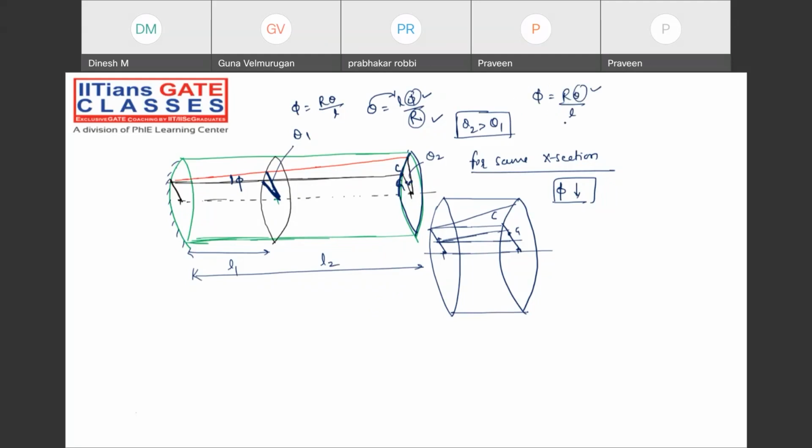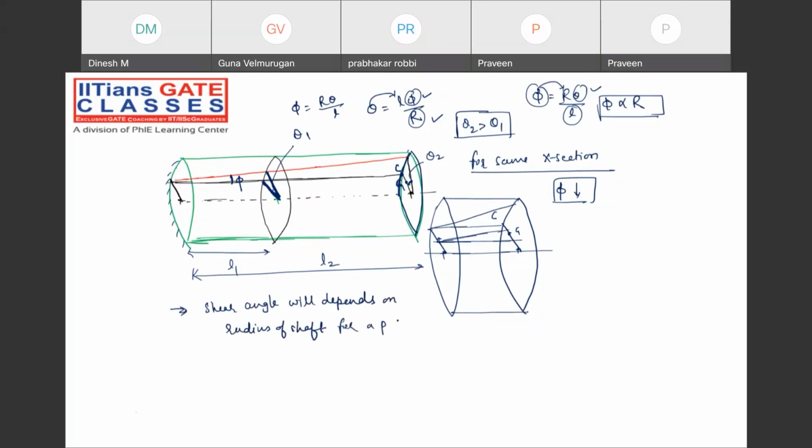Theta is the same, and the length is also the same. The change will be with respect to what? Radius. So phi will be directly proportional to radius only. Right? More and more radius, more and more shear angle. So shear angle depends on the radius.